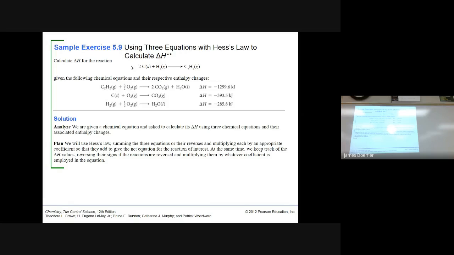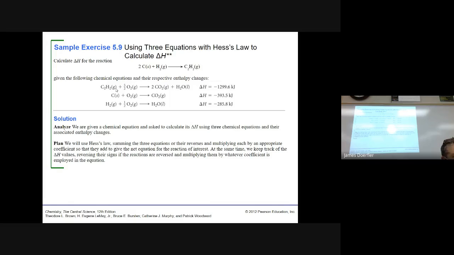So again, that's our target equation. So let's start looking at our three reactions that we have to manipulate, okay? So again, always have a good understanding about what is in your target equation, okay? So let's start taking a look here.